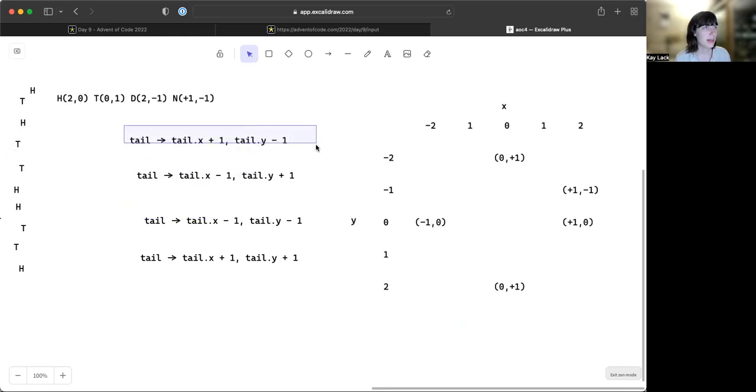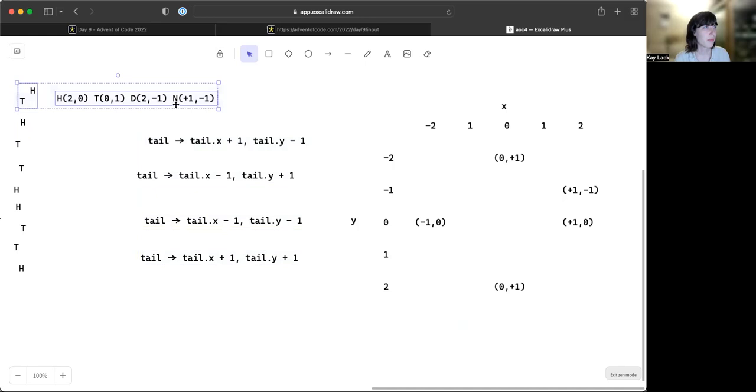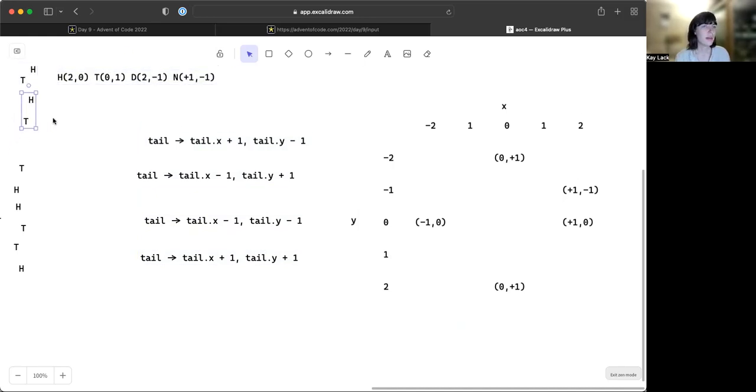Then let's look at, oh, this one's going to be the same. But this one's going to have a different difference. So let's say we've got the head at 0, 0, and the tail will then be at y 2, x minus 1. So 0 minus 1 is 1.